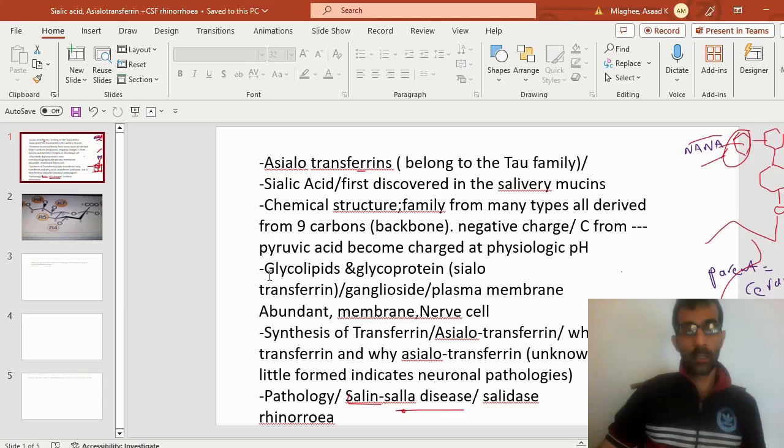For example, glycolipids are found as gangliosides in the plasma membrane of the nerve cell. So here is the plasma membrane, and this part represents the ganglioside. Ganglioside is composed of a ceramide backbone, and the ceramide is attached to the glycan.